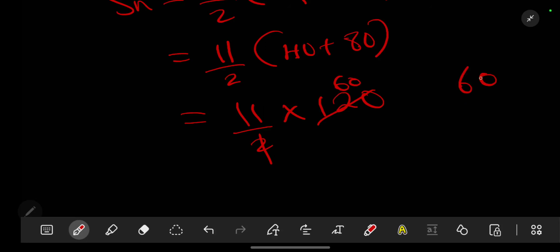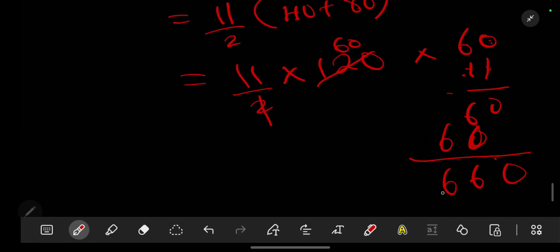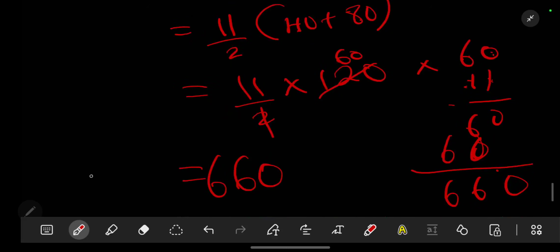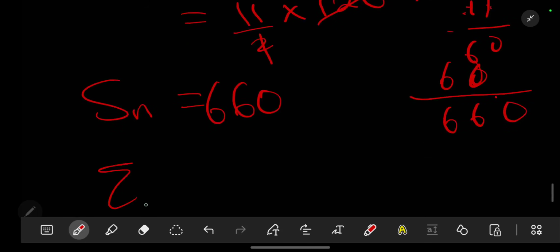So we are multiplying 60 by 11. 1 times 0 is 0, 1 times 6 is 6, 1 times 0 is 0, 1 times 6 is 6. If we add, we have 0, 6, 60, so we have 660. That means the sum for i from 10 to 20 for the equation is 660. So this is how we do that.